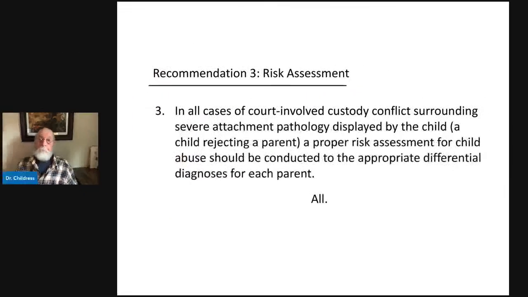Recommendation 3, risk assessment. In all cases of court-involved custody conflicts surrounding severe attachment pathology displayed by the child, a child rejecting a parent, directional change in the primary motivational system, a proper risk assessment for child abuse should be conducted to the appropriate differential diagnoses for each parent.